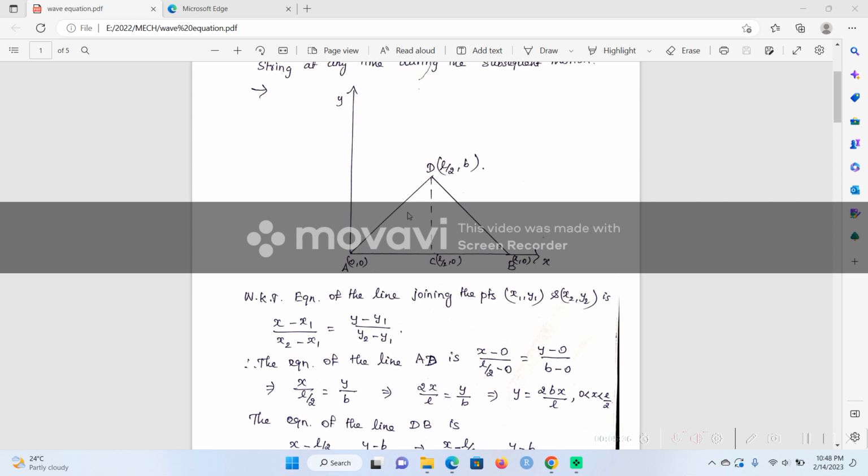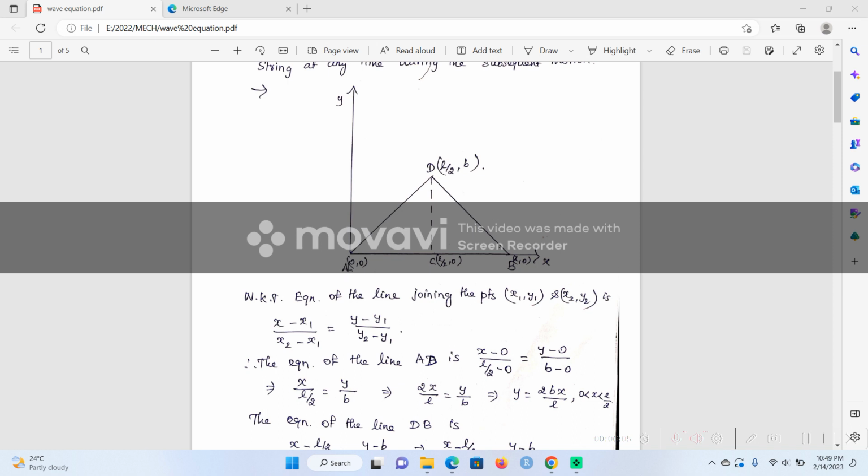So we are going to find the equation for that displacement. For that we should know the equation of the curve. So this string is in the form of straight lines. Here we have two straight lines, one is AD and another one is DB. So we are going to find the equation of these two lines.